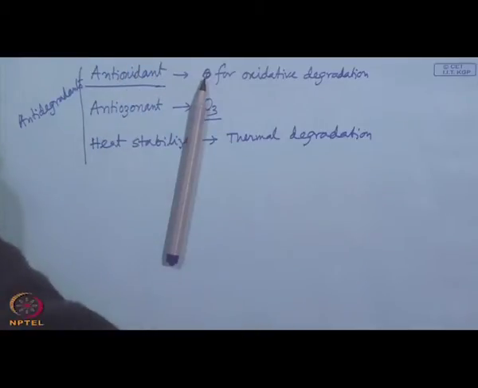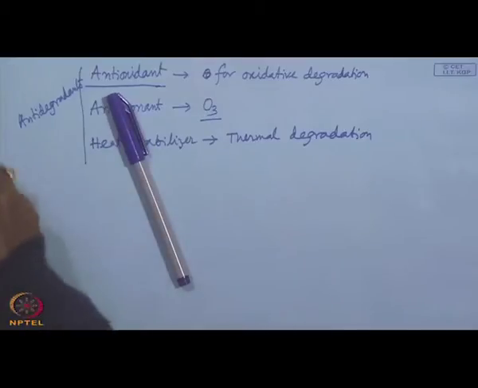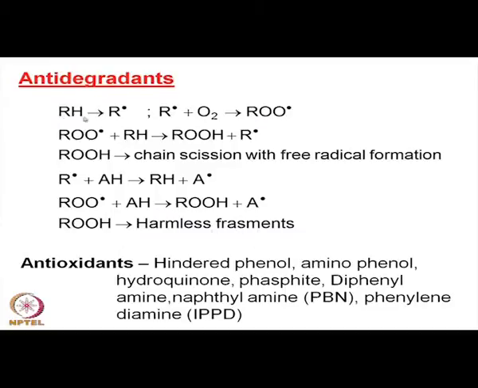Now, let us have a very quick look into the degradation mechanism of rubber. RH represents a rubber hydrocarbon containing carbon-carbon linkages, unsaturation bonds, and carbon-hydrogen bonds. That is the rubber represented by RH. Now, if some agency attacks the rubber, I am showing only one carbon-hydrogen bond.